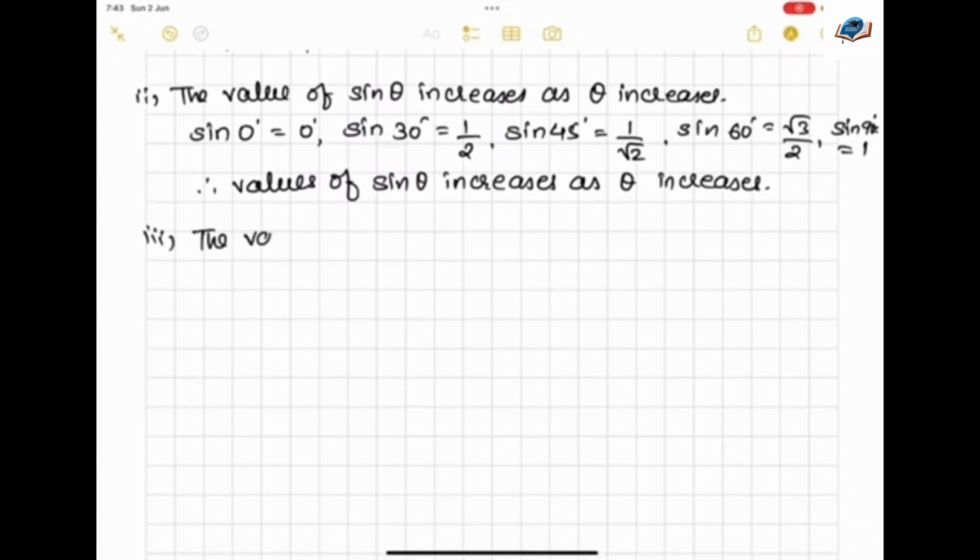Now third one, the value of cos theta increases as theta increases.